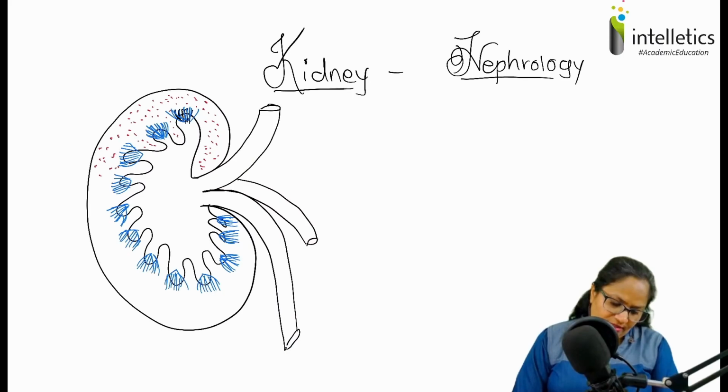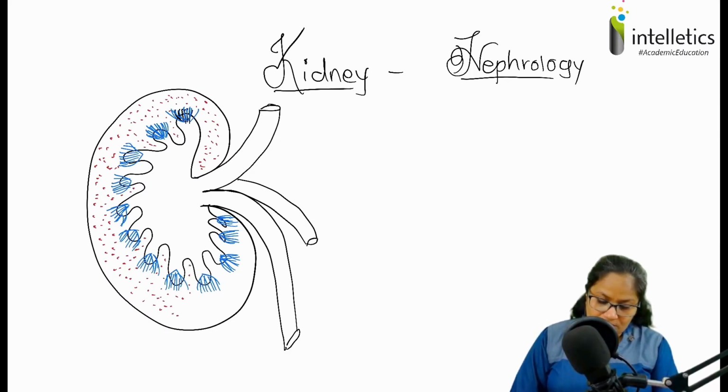The lengthwise section of the kidney, whenever we talk about, you should be knowing that each kidney is covered by 3 layers, right? So those are the 3 protective layers of the kidney you're supposed to remember. So this is how you're going to draw it.